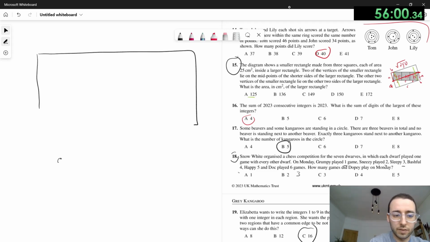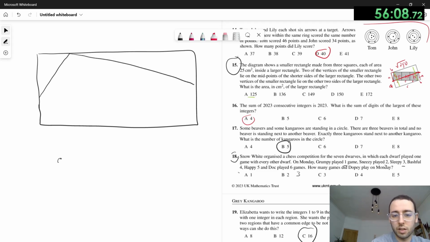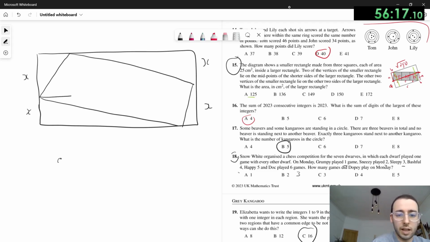Got this rectangle. We're trying to find the area of the larger rectangle. I know that this much of it is x, and that's x, that's x, and that's x. And I know that this length is root 250.